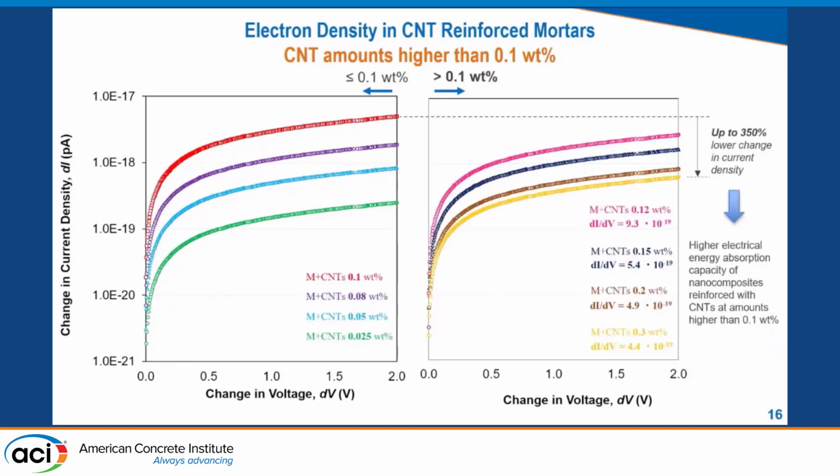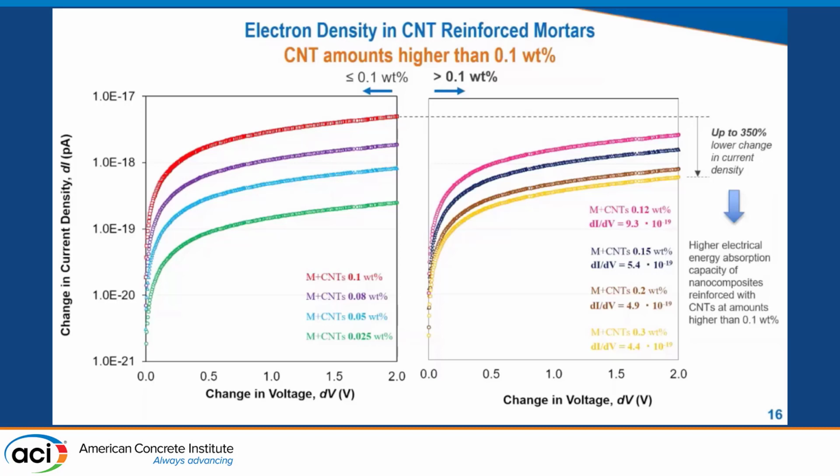And in this slide, I'm showing you the current density results of mortars reinforced with nanotubes for amounts higher than 0.1% per weight of cement. I showed you previously that once we reach the percolation threshold, the electrical conductivity is high and independent of the nanotube content.